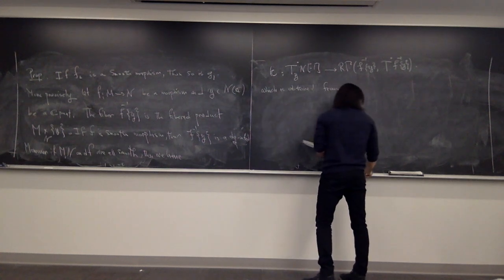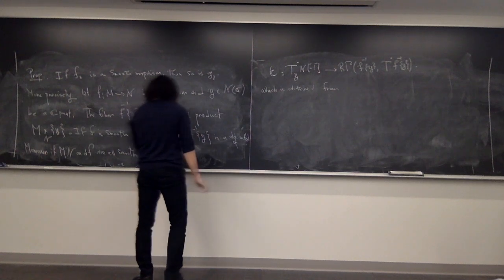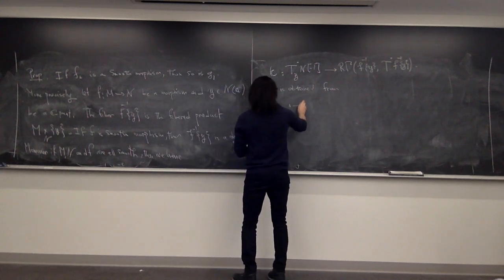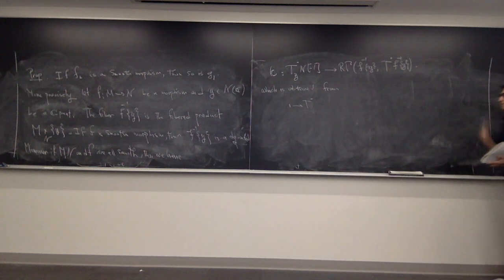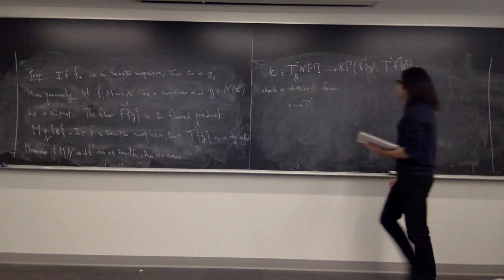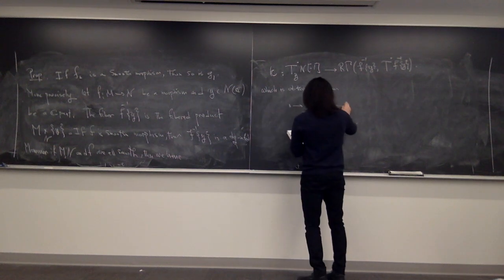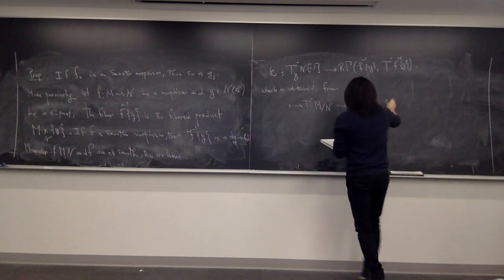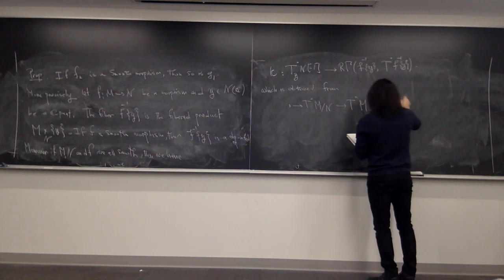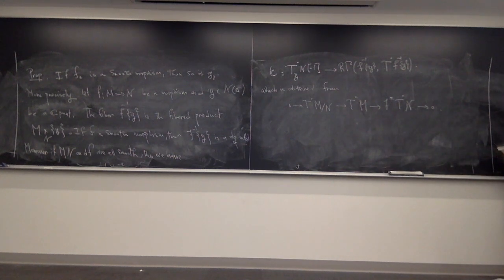as soon as I put it, you will see that this is familiar to you. This is obtained from the exact sequence of tangent sheaf. So 0 goes to T of M over N, and that goes to T of M, and then goes to the pullback of the T of N, and then goes to 0.